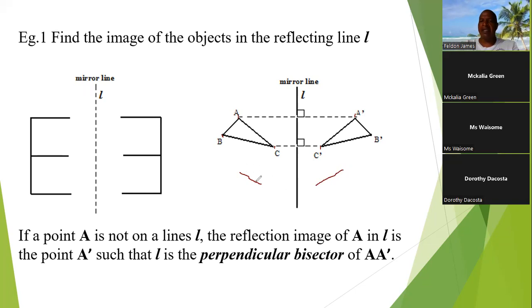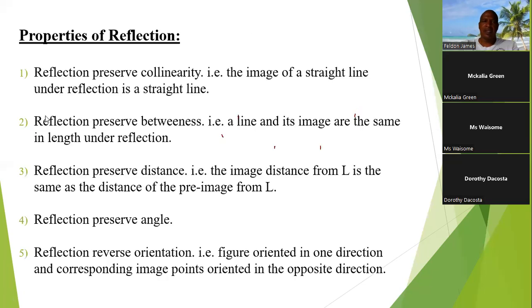So the length of the line is the same. The only difference is that the line would be inverted sideways, all right? So that's what it means by collinearity. So reflection preserves collinearity. The image of a straight line on the reflection is a straight line.